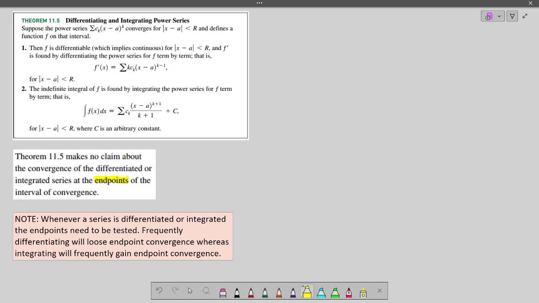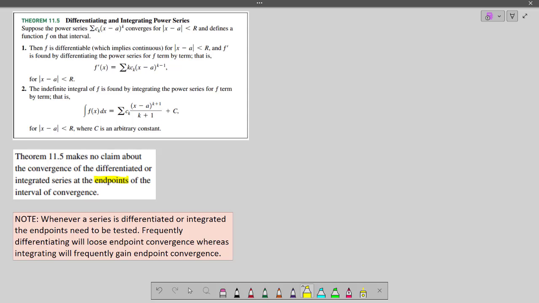When you're differentiating and integrating, you've got this extra piece. Like we did with the ratio and the root test for finding the interval of convergence, we have to test the endpoints again, unfortunately. So whenever a series is differentiated or integrated, the endpoints need to be tested. Frequently, when you're differentiating a power series, you lose convergence at the endpoints.